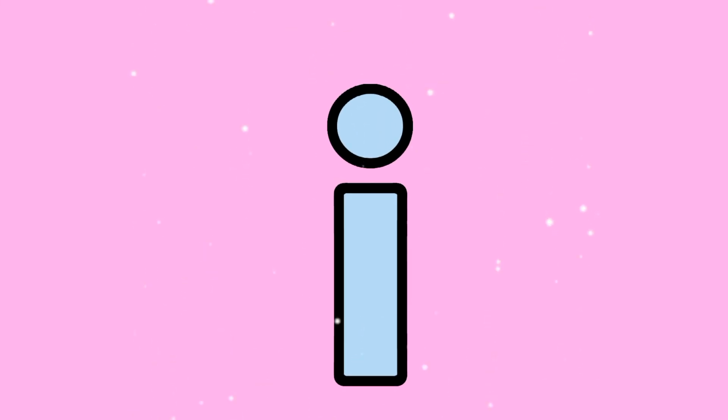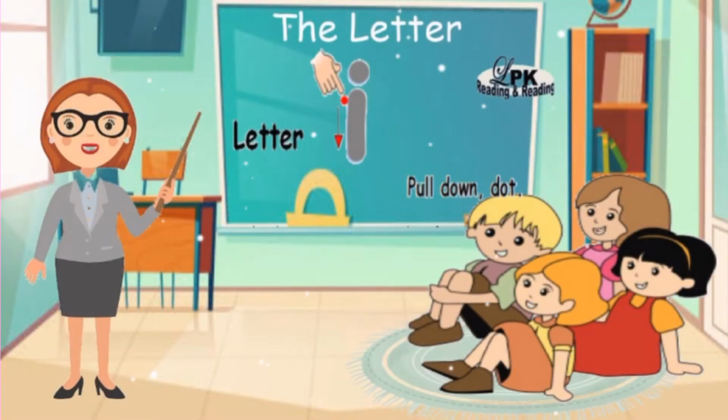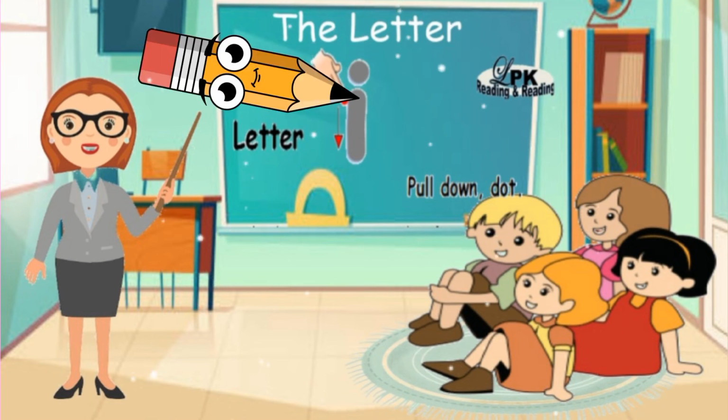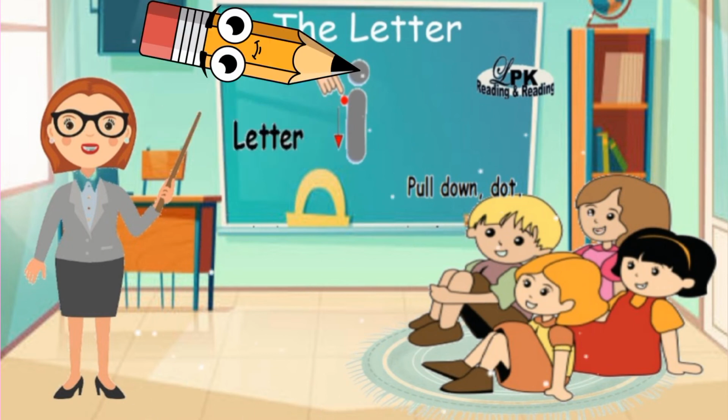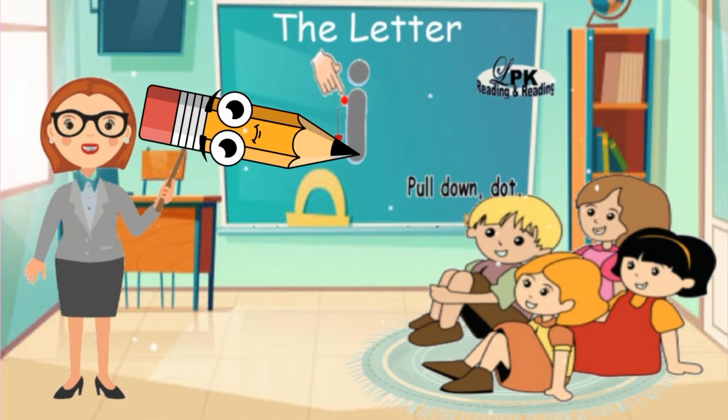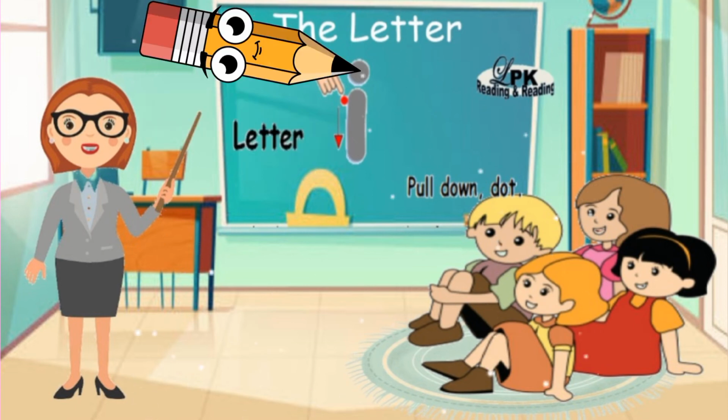Now, what's this letter again? I. That's correct. The short sound of I is I. Look at the picture, listen, then write the letter I. You pull down and dot.